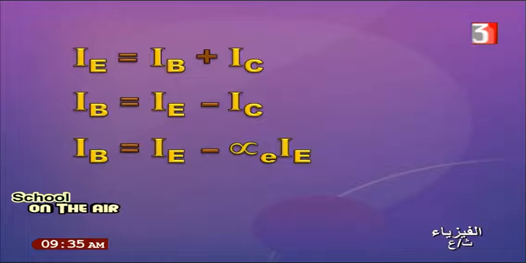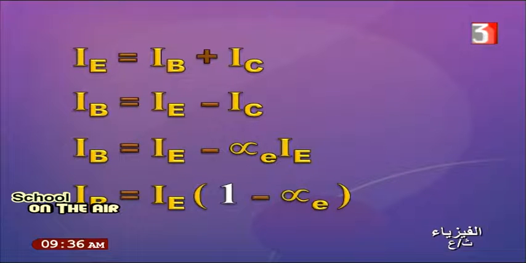It is 90 or 98 or 97% of the emitter current, so it is equal to alpha E times I emitter. Now we can take emitter current as a common factor. So I base equals IE, between two brackets, 1 minus alpha E.